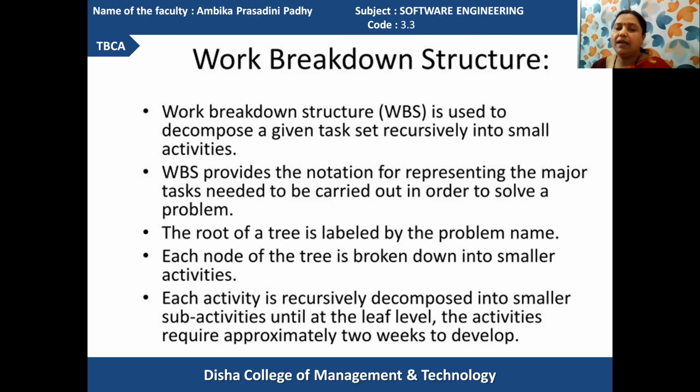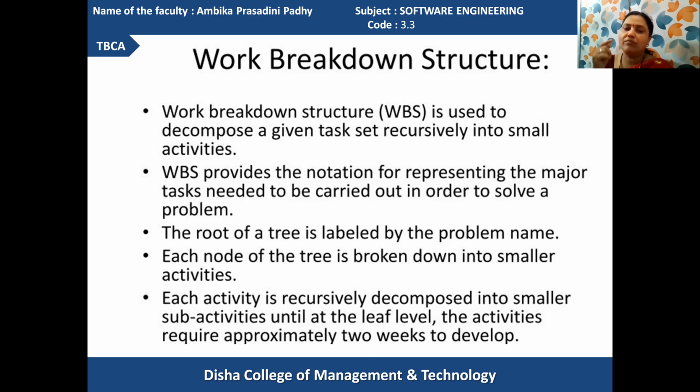Got it? And the root of a tree is labeled by the problem name. The problem identified at the beginning is placed first, then the subsequent sub-problems are identified consecutively. In the root, the main module is labeled, then in subsequent parts, its sub-modules are placed.